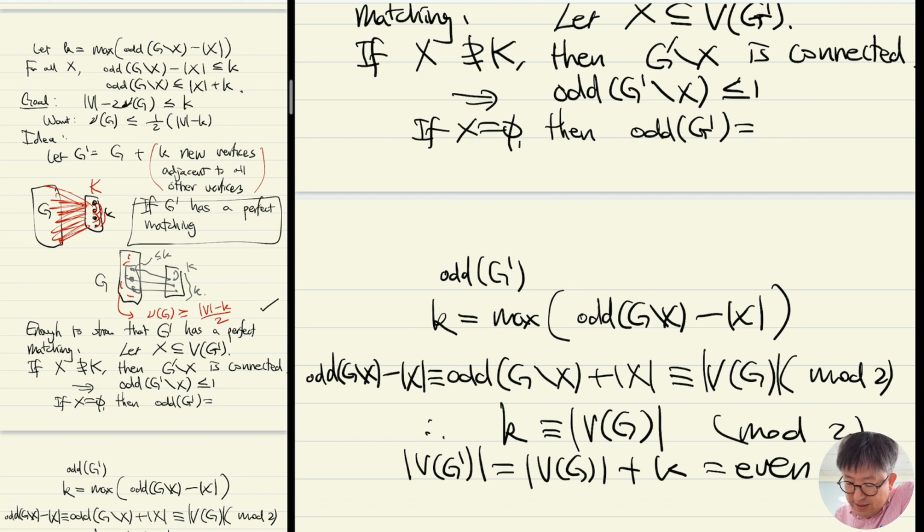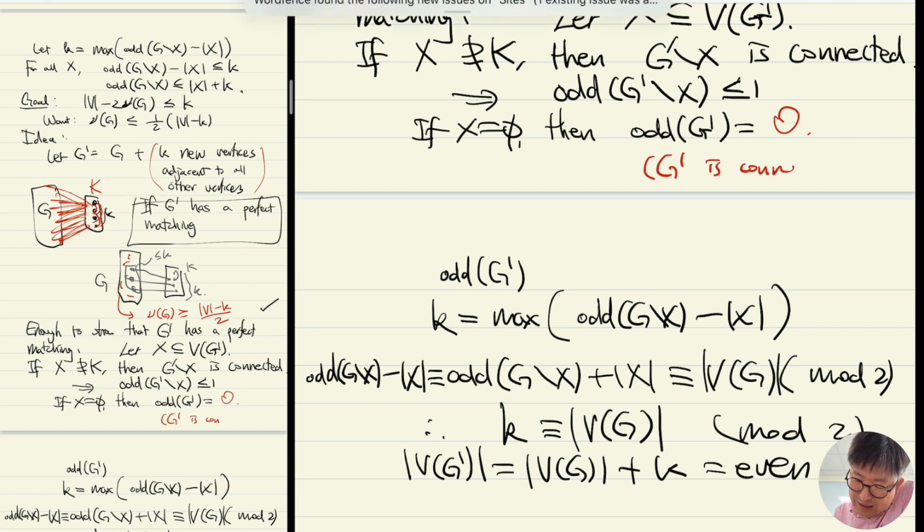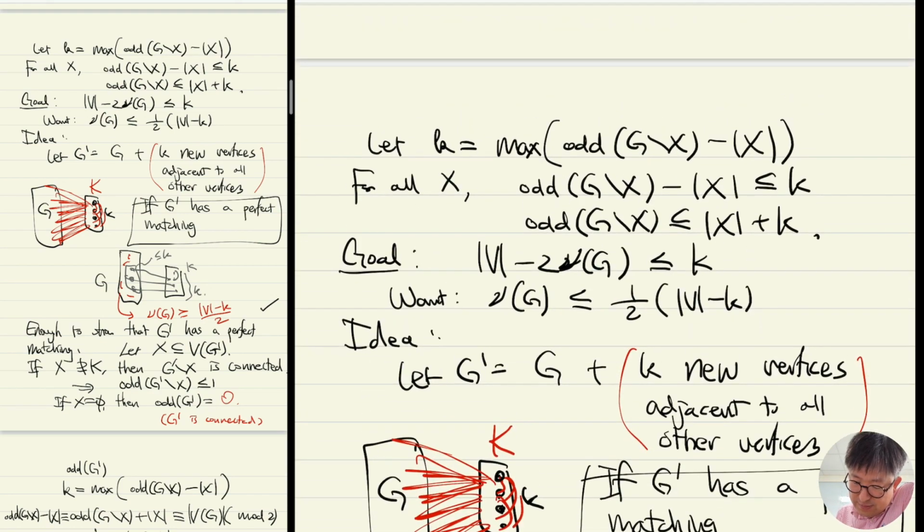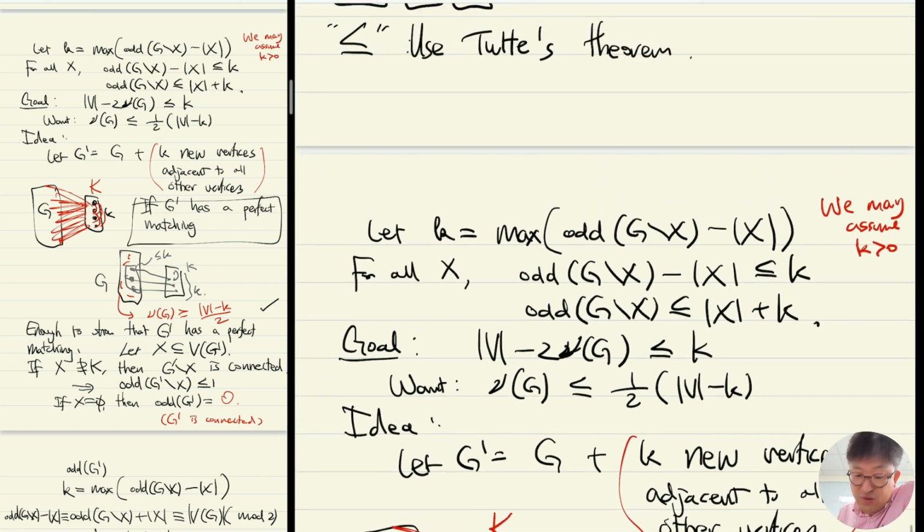Oh, but am I still cheating? Oh yeah, that's true, because G prime is connected. Let's assume K is non-zero, because otherwise the graph could be disconnected.